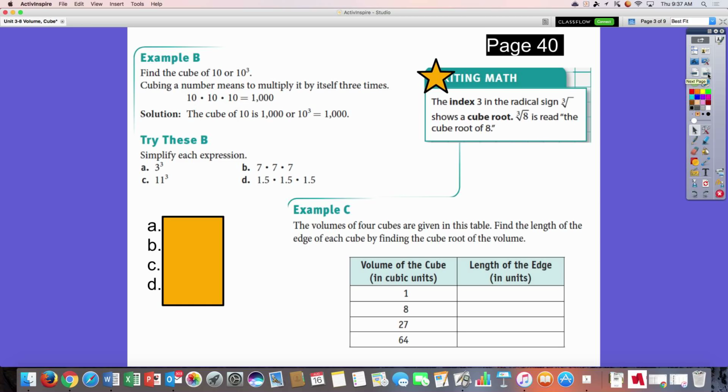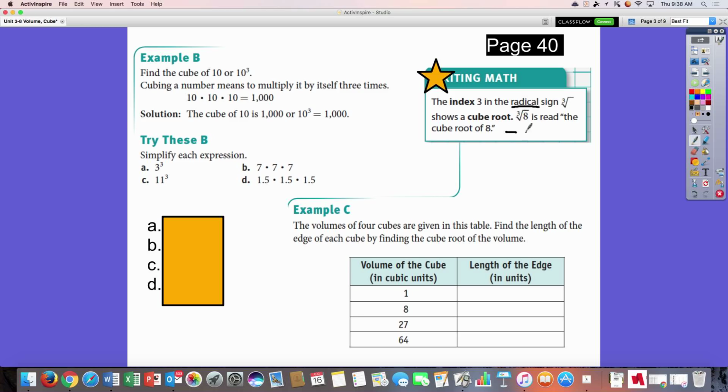Let's stay on page 40. We're going to put a star by that math term right there, the index 3 in the radical sign. Remember, that was one of the questions off your last quiz. The radical sign has a 3 in it. So this is like the square root sign, but it's got a 3 in it. That means the cube root of 8.